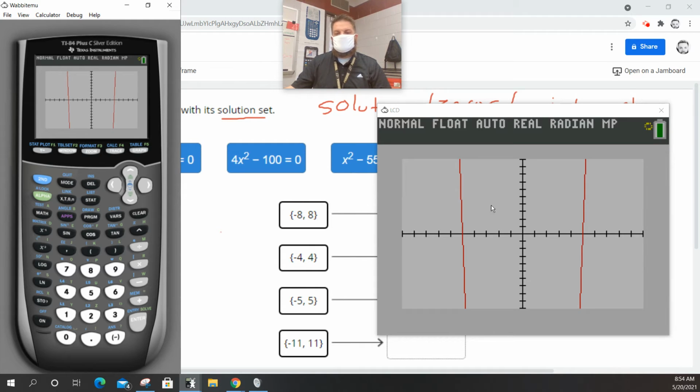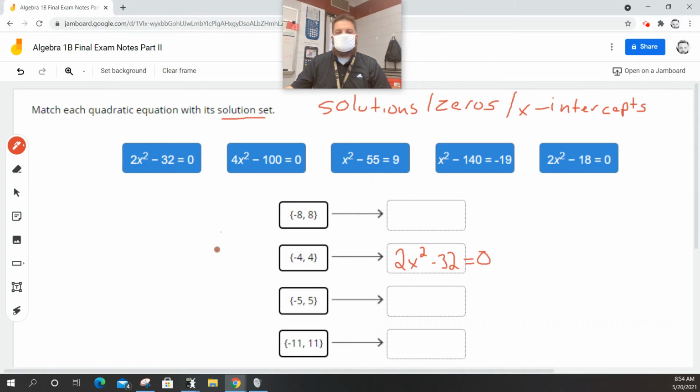Yep, so it's 1, 2, 3, 4, 5. It crosses right here at -5. This one, if you go 1, 2, 3, 4, 5, crosses at +5. So this next one goes here: 4x squared minus 100 equals 0.